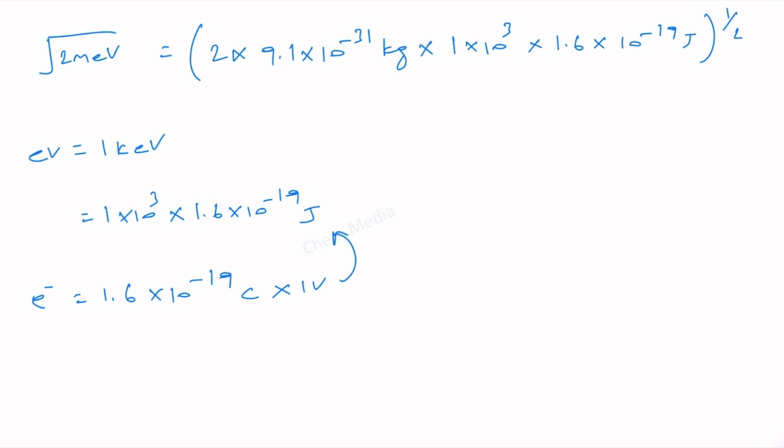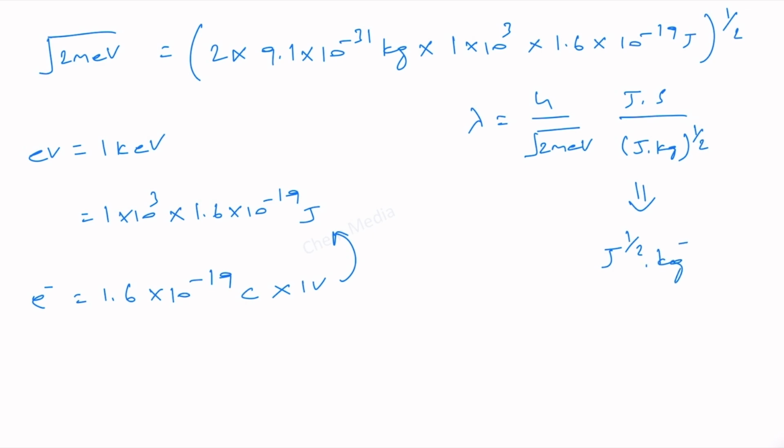Let us work on the unit before we figure out what is the square root of 2meV. In the numerator we have Planck constant, in the denominator we have square root of 2meV. So, here we have joule second, and here we have joules kg to the whole power 1 by 2, and therefore this will become joules to the power 1 by 2 kg to the power minus 1 by 2 second.